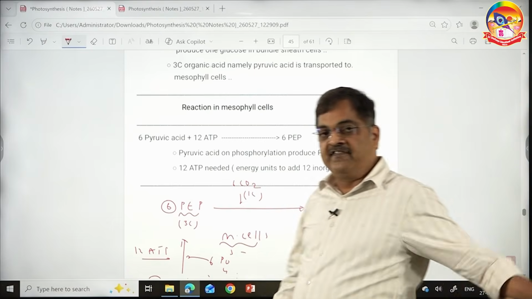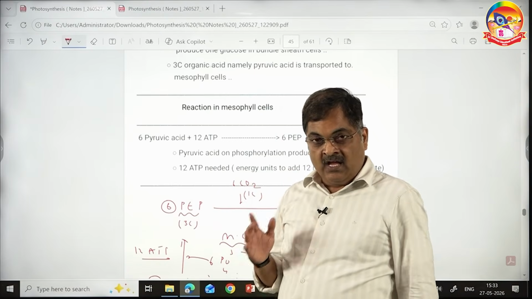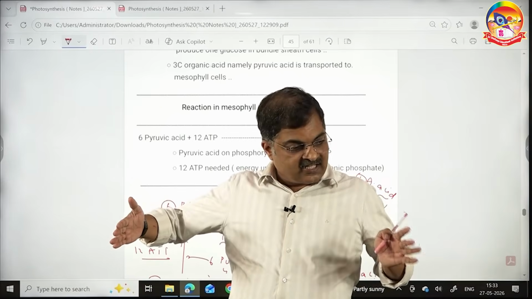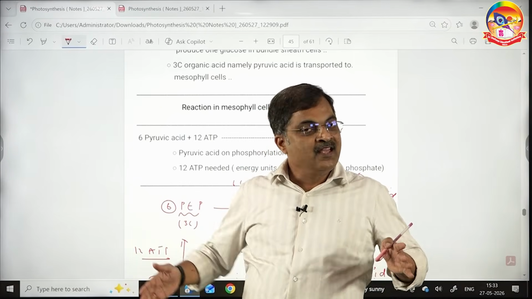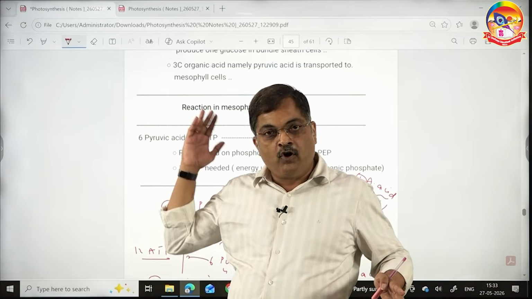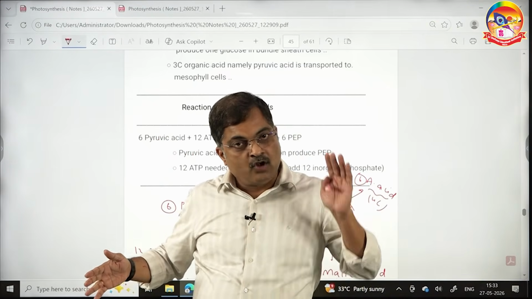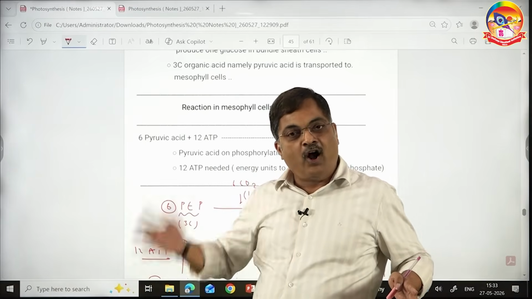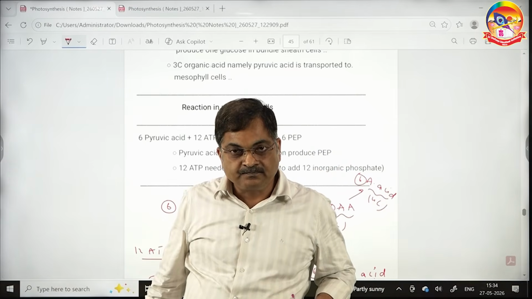So now, differences between C3 and C4. Primary carbon dioxide acceptor: RuBP in C3, PEP in C4. First stable product: PGA in C3, oxaloacetic acid in C4.